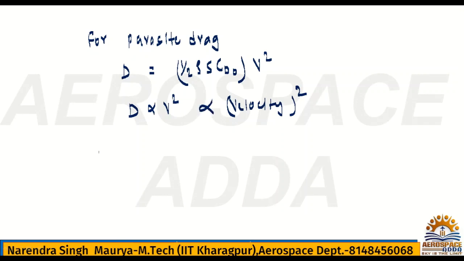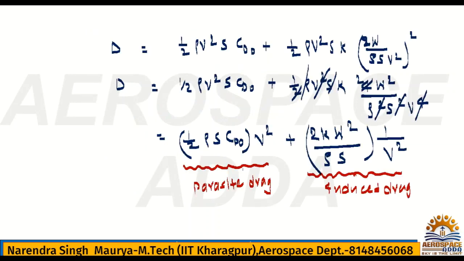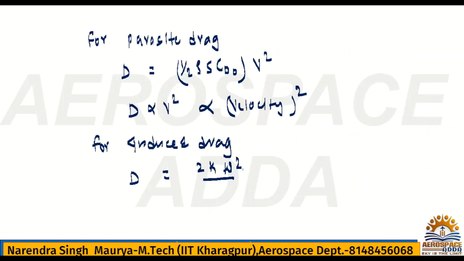Fine. Now for induced drag, if you remember, drag is equal to 2 K W square by rho S V square, meaning drag is inversely proportional to velocity square.